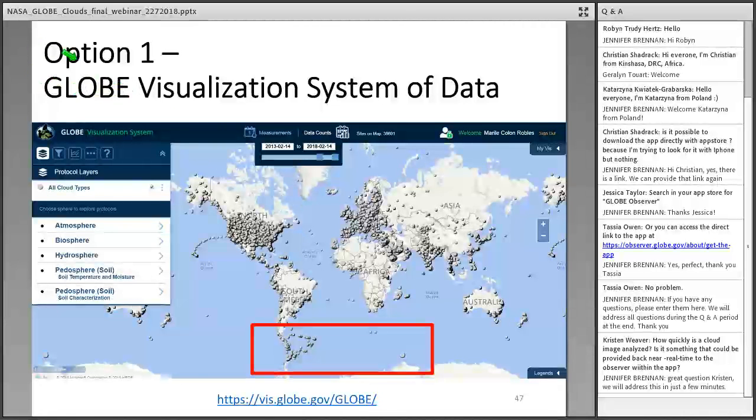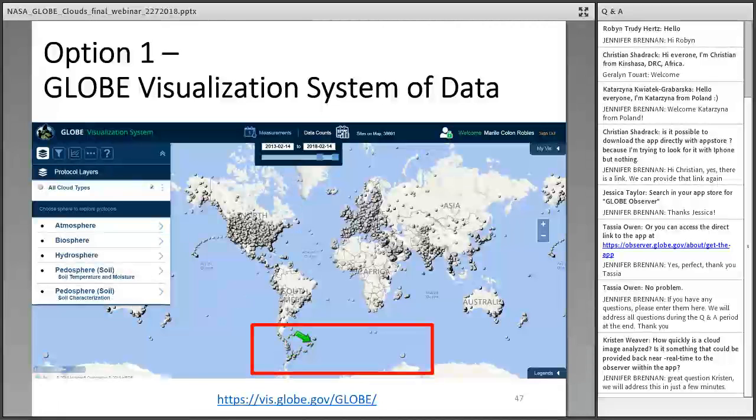These are options to see the data that's available. Looking at the visualization system of data, the first option here, this is a snapshot of what you would see. There's a place here where you can choose the data set. Clouds are under atmosphere, so I choose looking at all cloud types for a distinct portion of time, and you see that every single dot is a cloud observation.